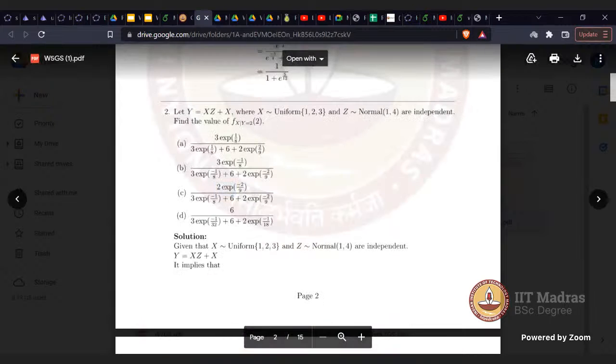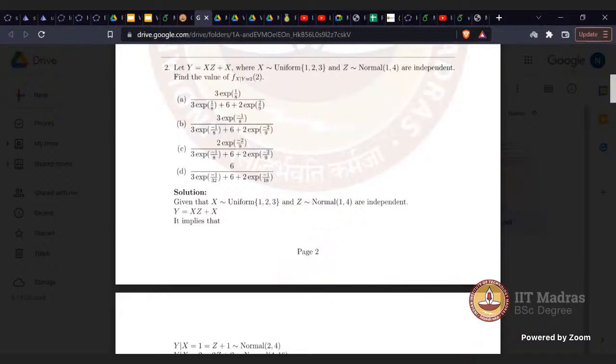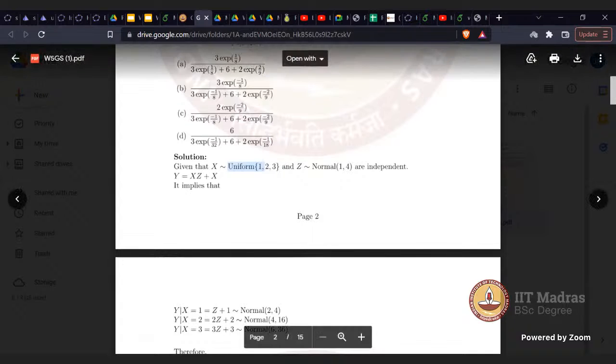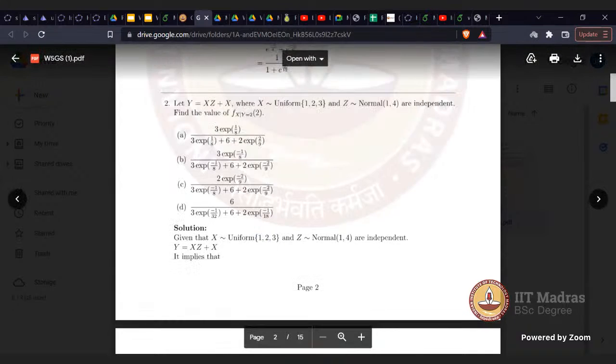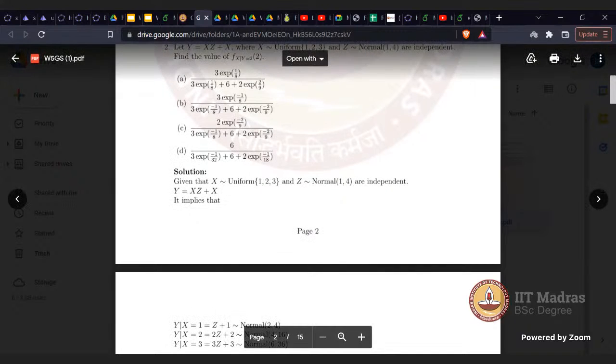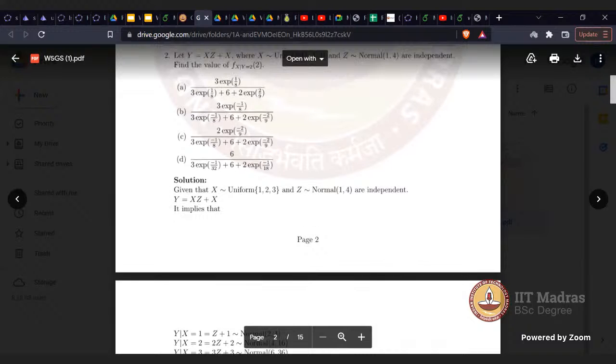Z is normal 1, 4, meaning 1 is mu and 4 is the sigma. So you are just translating this distribution by 1. How to translate this exactly? Okay, I will write it there.